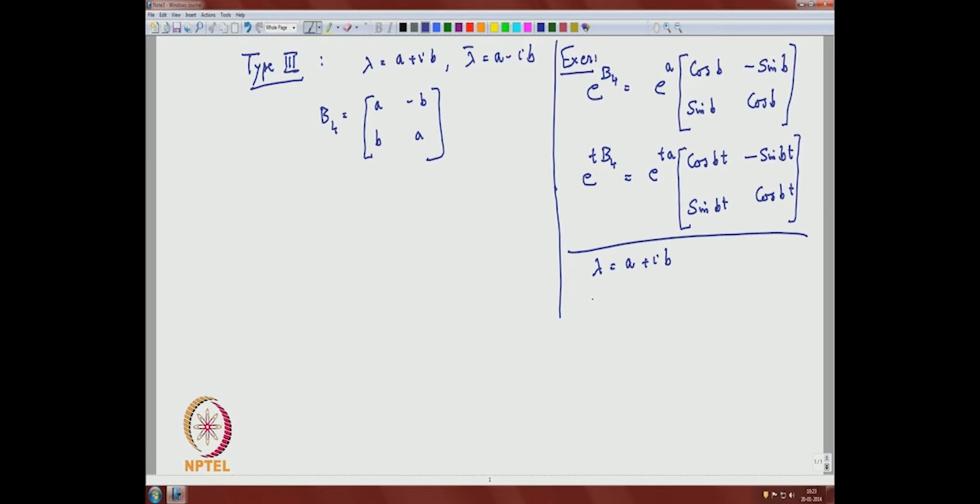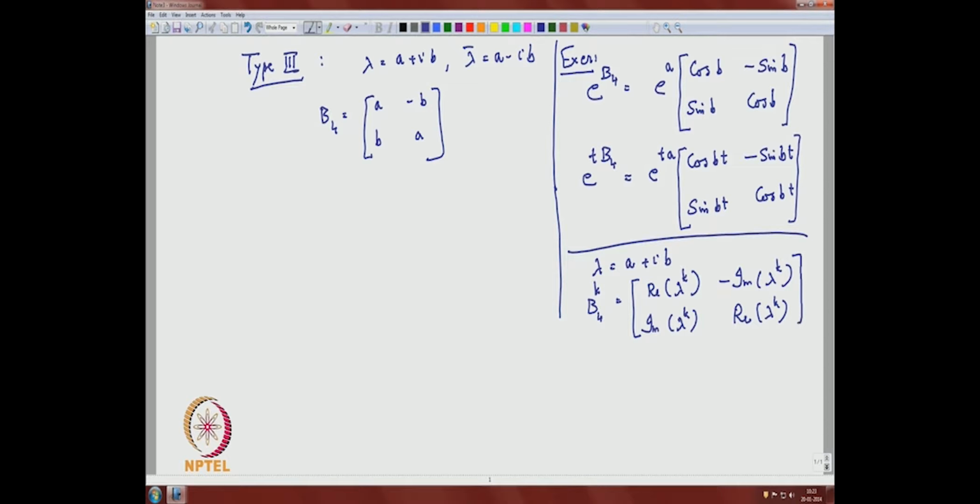We will have B4 power k will be, please check the validity of this one, [real part of lambda power k, -imaginary part of lambda power k; imaginary part of lambda power k, real part of lambda power k].